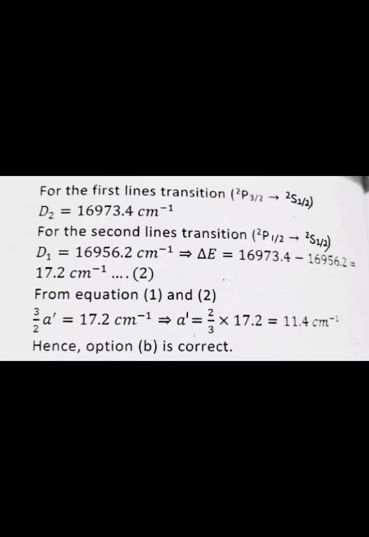Here the separation is 16973.4 minus 16956.2, and this is equal to 17.2 centimeter inverse. Equating 1 and 2, we get 3 by 2 A dash is equal to 17.2 centimeter inverse. Therefore A dash is equal to 2 by 3 into 17.2, and this is equal to 11.4 centimeter inverse. So here the answer is option B.